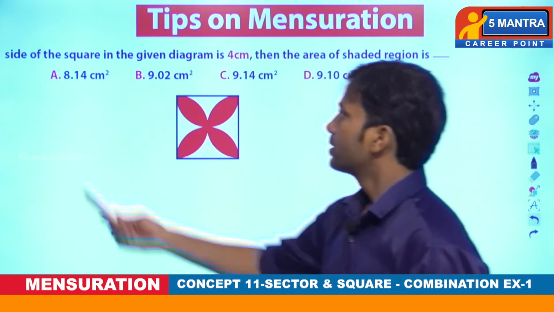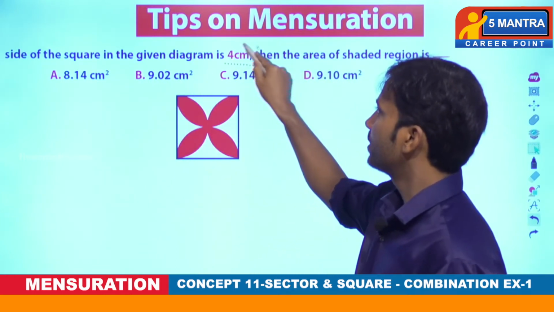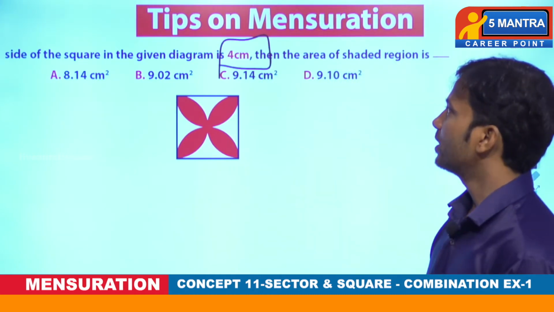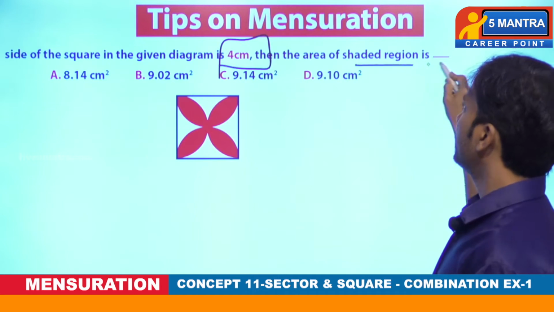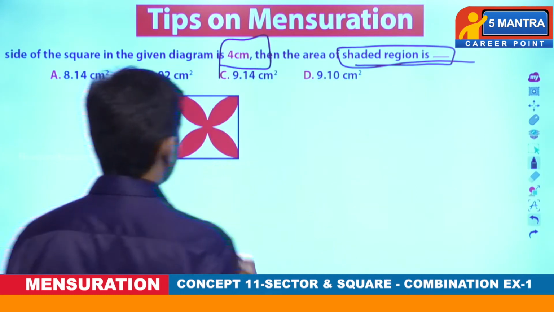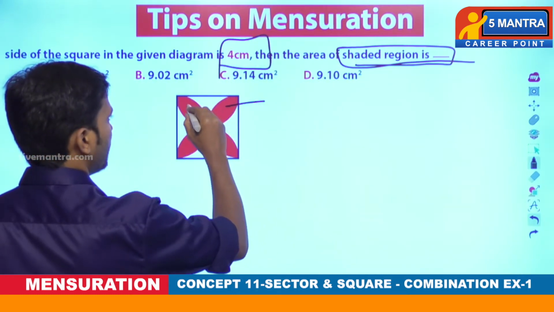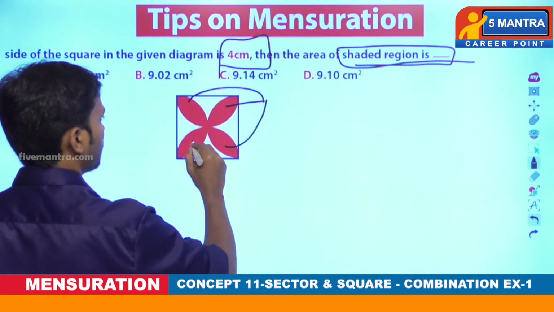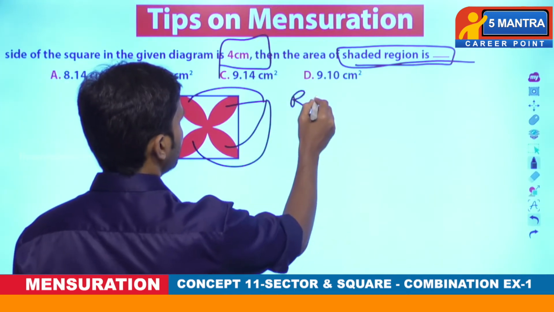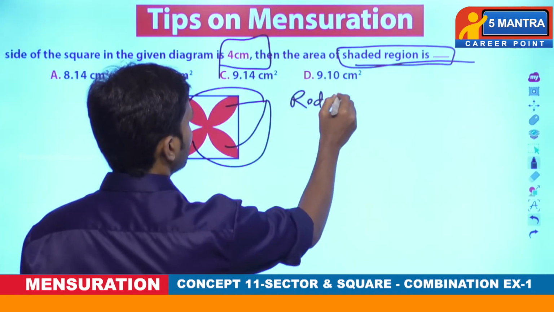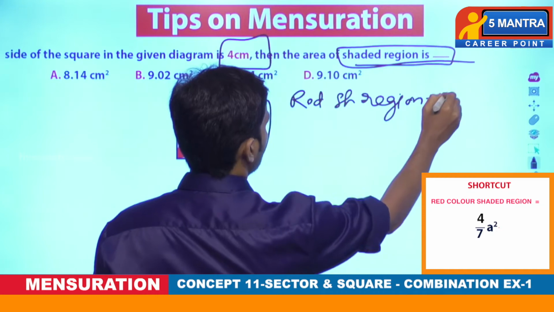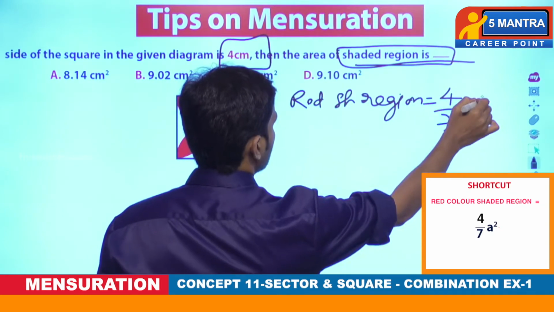Now let us see. The side of the square in the given diagram is 4 centimeters. The side of the given square is given as how much? 4 centimeters. Then the area of the shaded region, this red colored portion, red shaded region, is what I told you: 4 by 7 A square, or not?